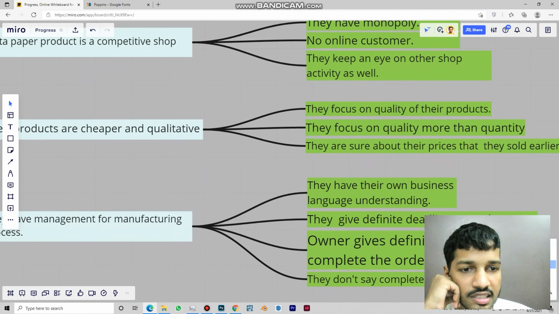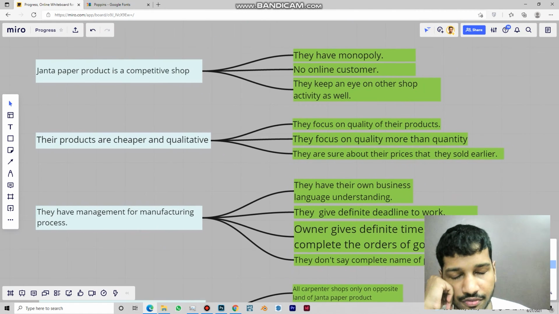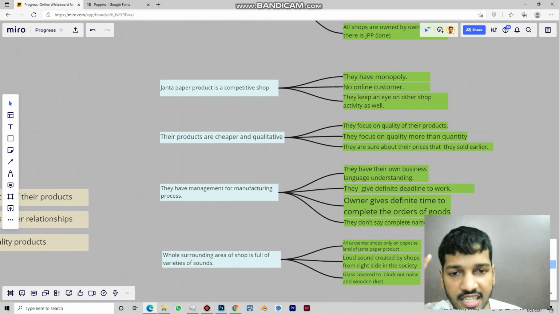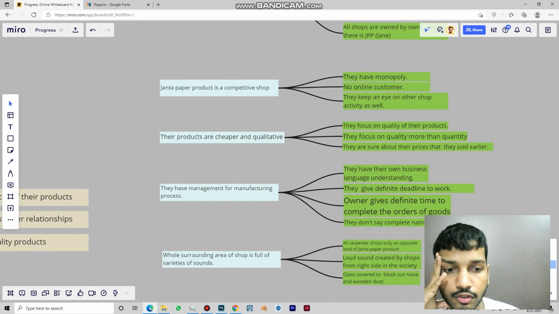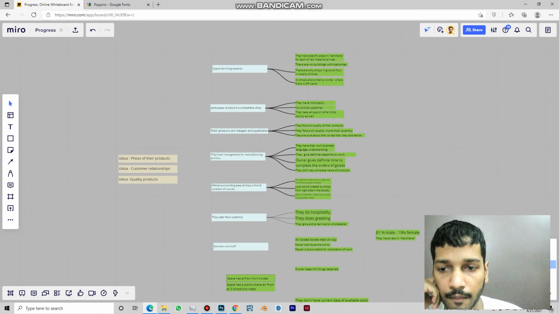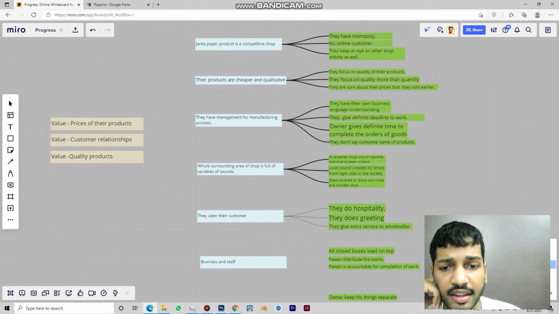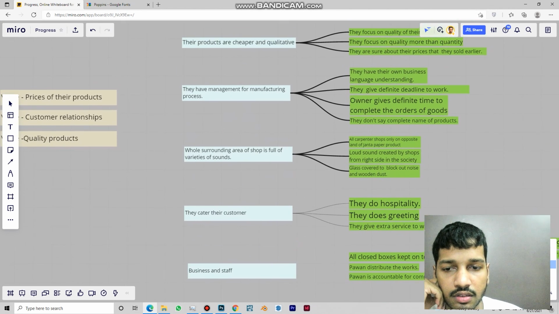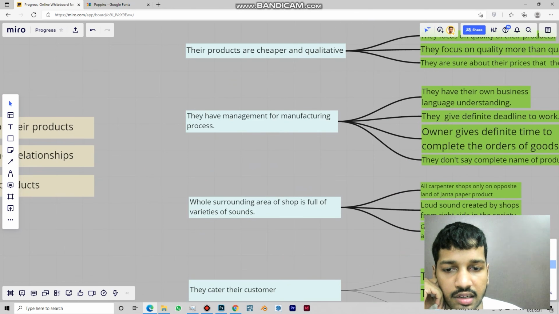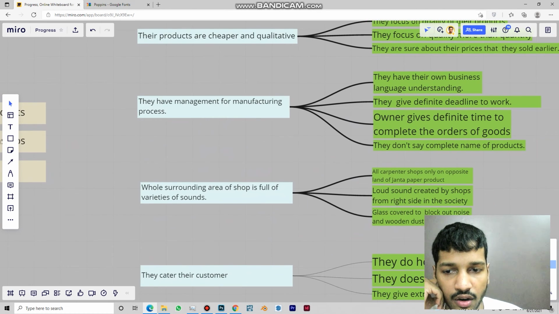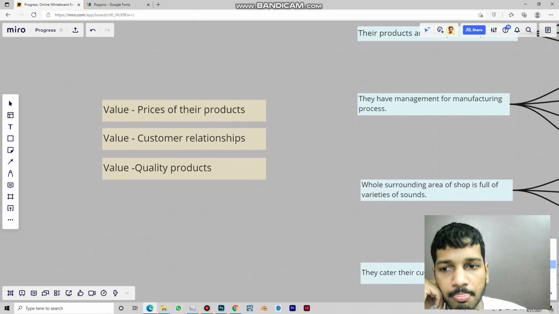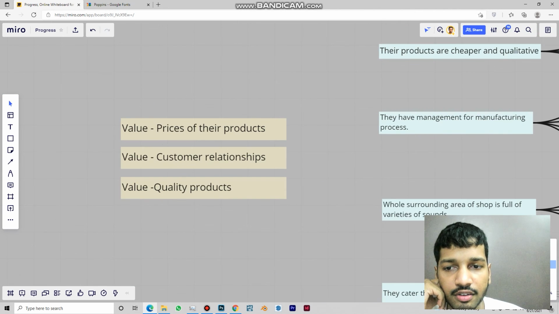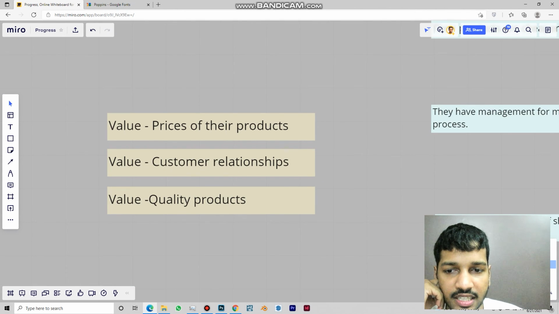These were the observations and inferences taken from surveys and talking to customers. They are managing manufacturing. They cater to their customers. The whole surrounding area of the shop is full of a variety of sound. The values that I finally took from there were the price of their product, customer relationship, and quality products.